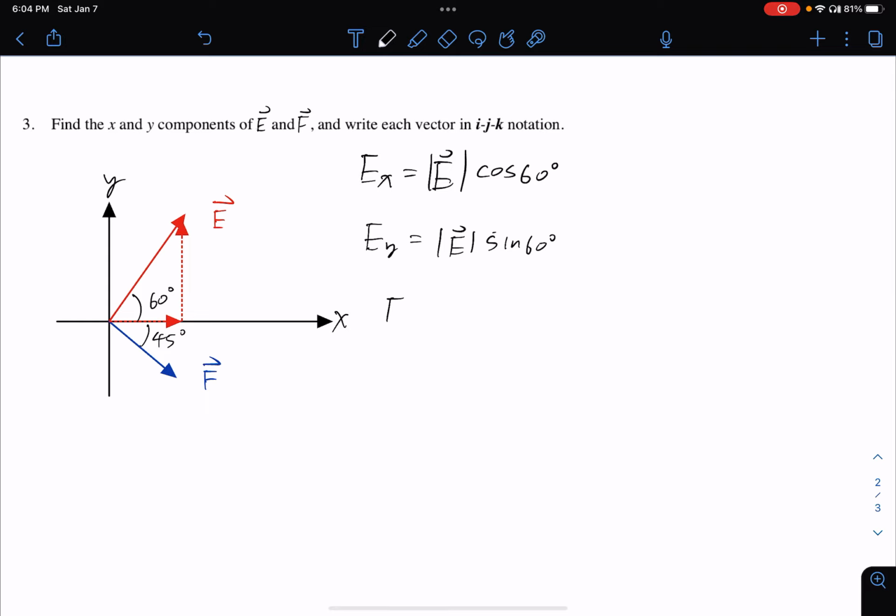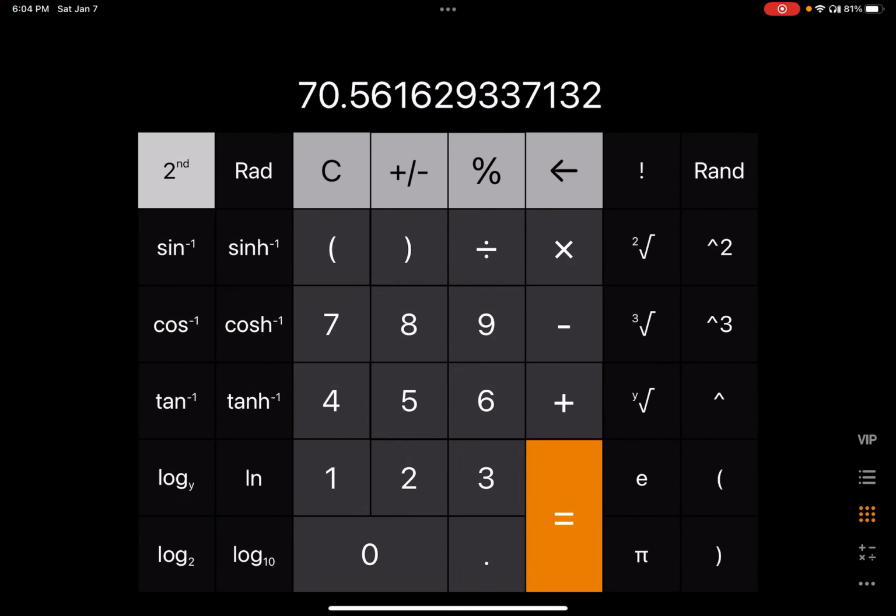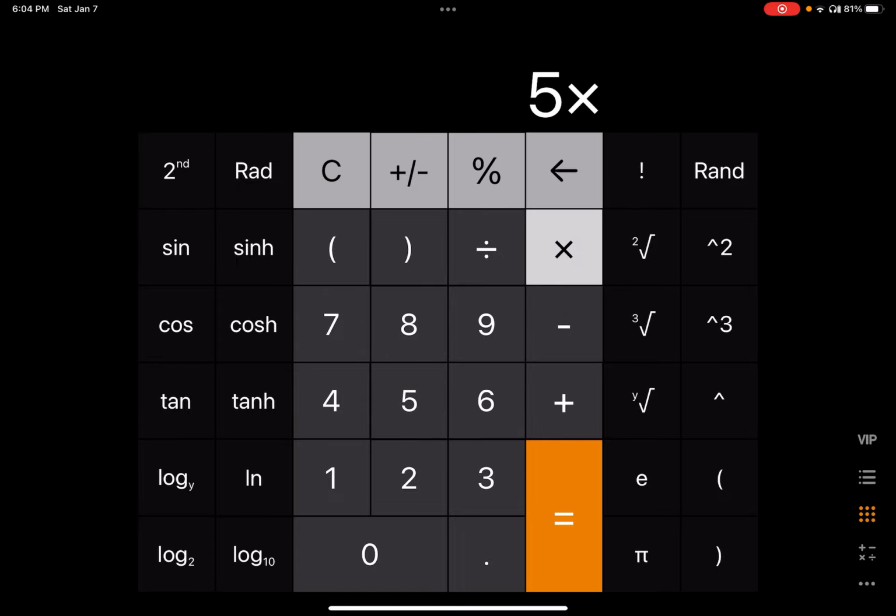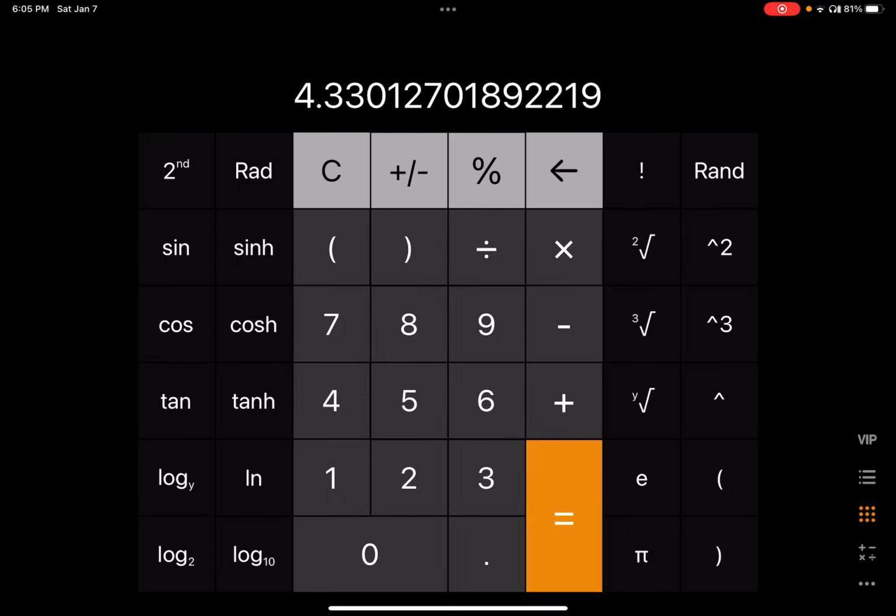And we can write the vector as the x component times the unit vector in the x direction, which we denote by i, and the y component times the y unit vector. We can plug in the numbers to evaluate. It is about 2.5, and this is 4.3.